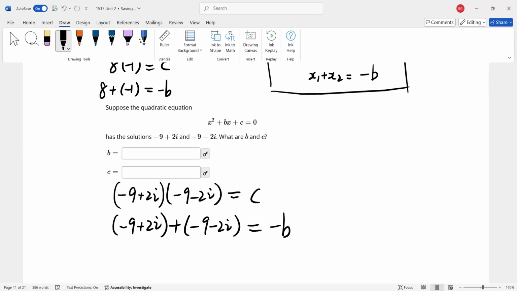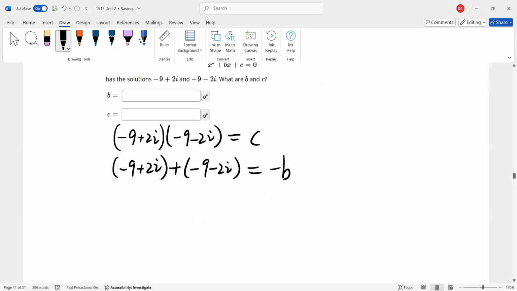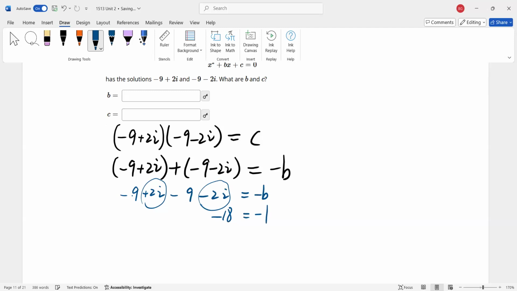Let's do b first, it's easier. Let's remove the two parentheses. -9 plus 2i, -9 minus 2i equals -b. 2i, -2i cancel. -9, -9, -18. So b is 18.